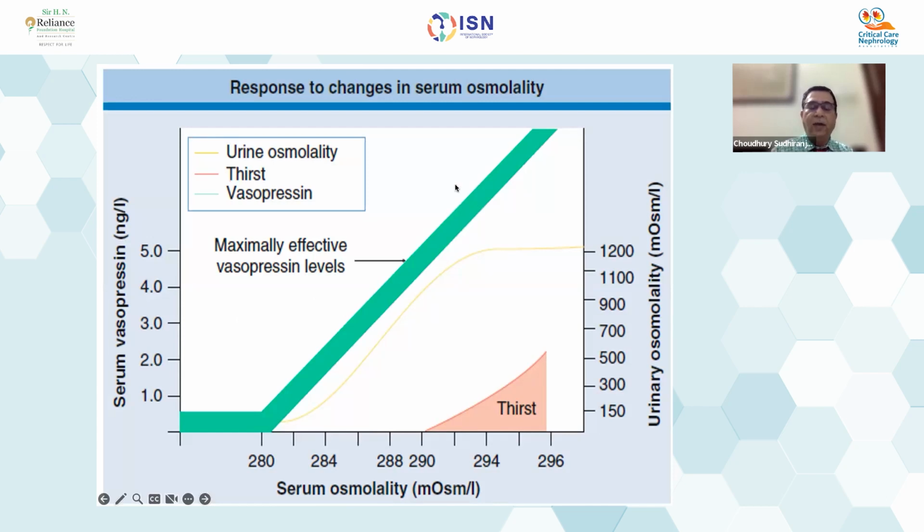It is synthesized in the hypothalamus and stored in the posterior pituitary, and subsequently it causes water retention, water absorption. So you can see here that when the osmolality increases in your plasma, likewise the ADH secretion also increases, and similarly urinary osmolality also increases, telling that there is water concentration.